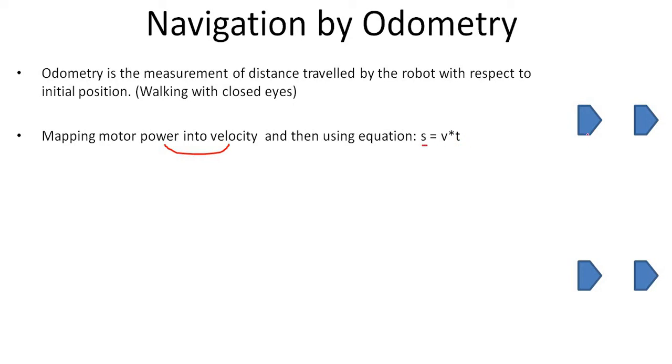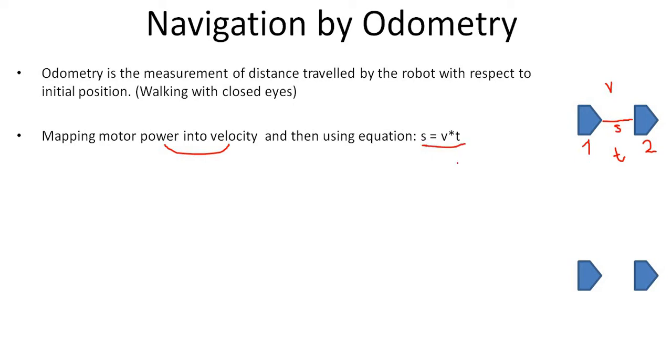So let's see this example. Let's say this is the initial position of the robot, position number 1, and the robot has moved from this position to position number 2, and it has a velocity v, and the time taken to reach this position is t. So the distance traveled s can be calculated using this equation of motion.